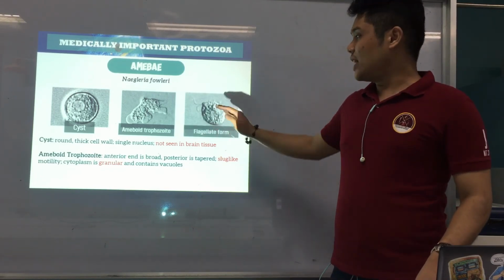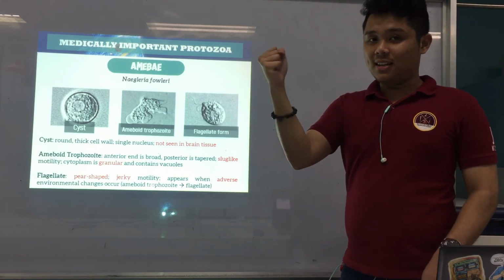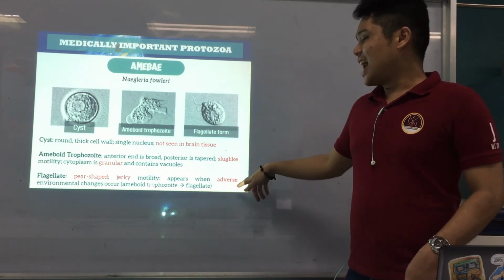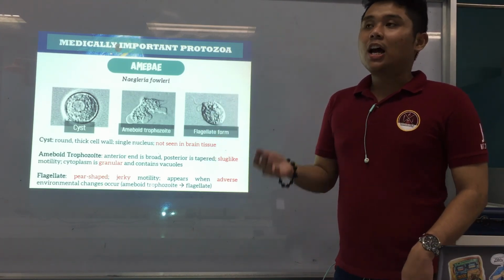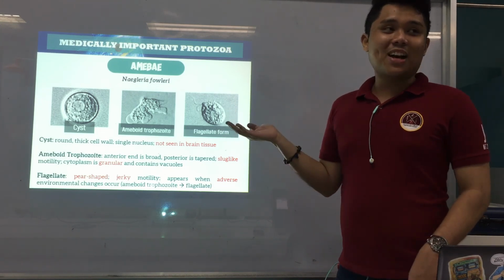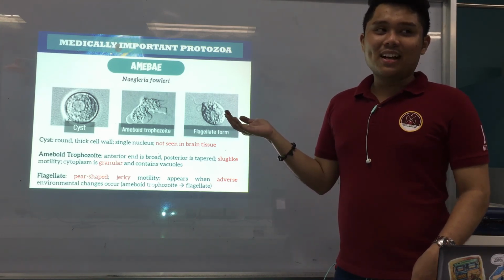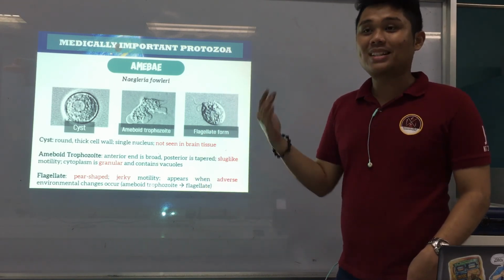And lastly, its flagellated form, pear-shaped, jerky motility, like trembling. And it only appears when adverse environment changes occur. So although it has a flagellated form, it's still an amoeba, guys. Do not be confused. Even though it has a flagellated form, it's still an amoeba.